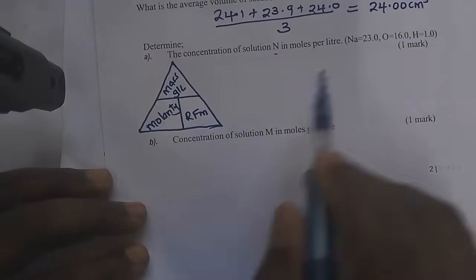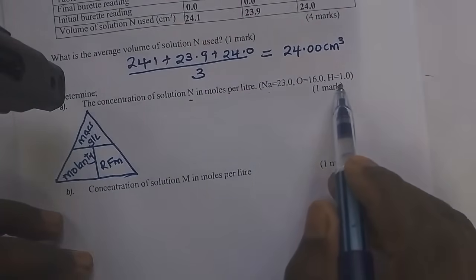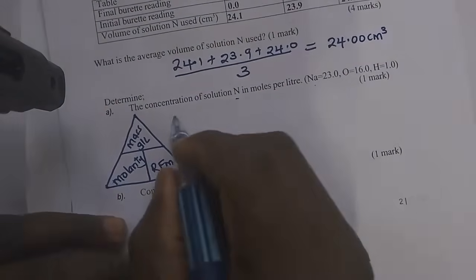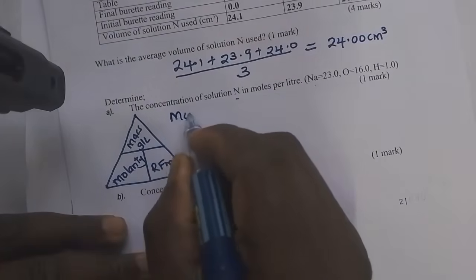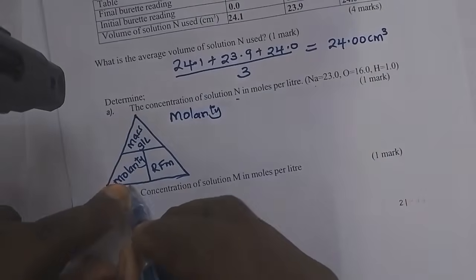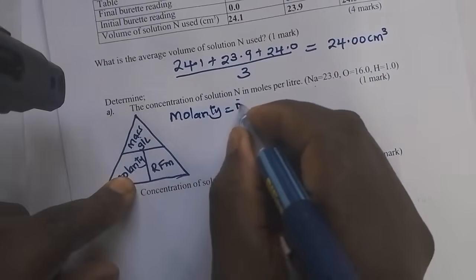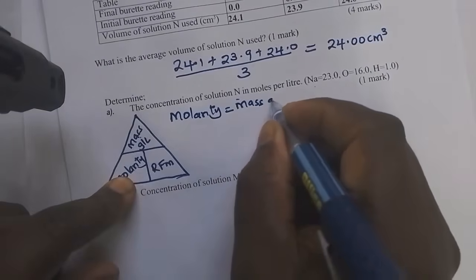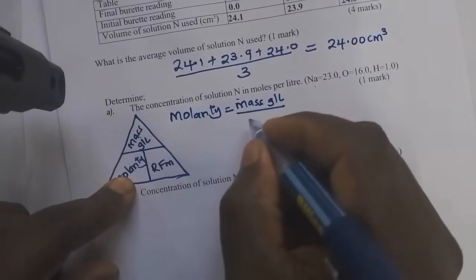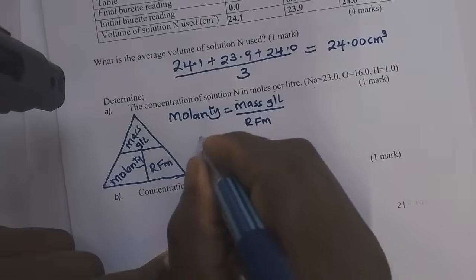We have been given the RAM of sodium hydroxide to get the RFM. Therefore, molarity, you hold your finger like this, is equal to mass in grams per liter over RFM. So now let's get the RFM of sodium hydroxide.